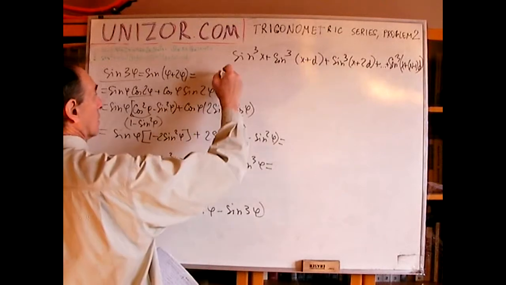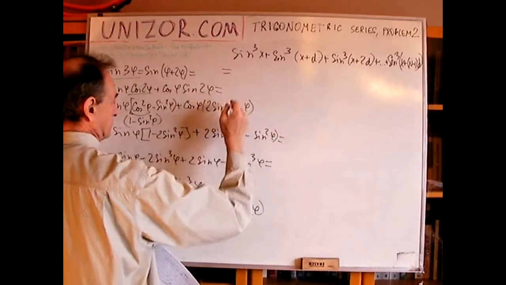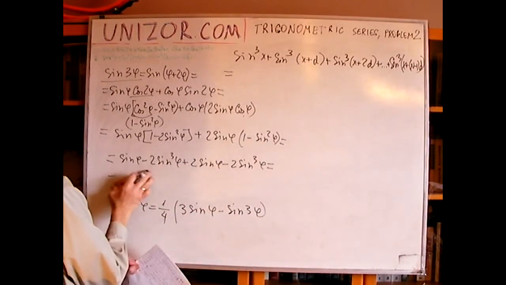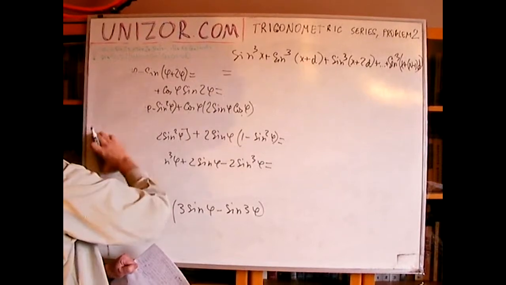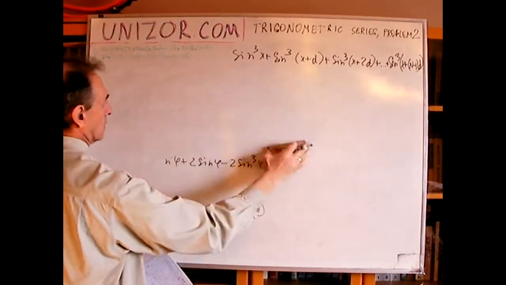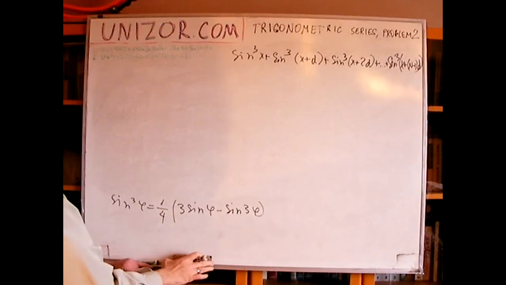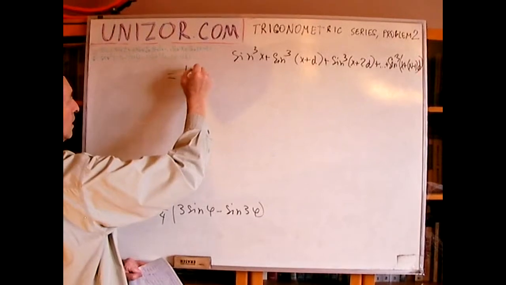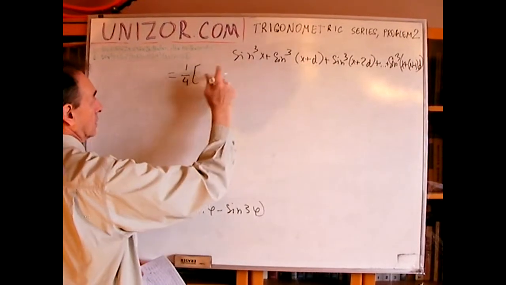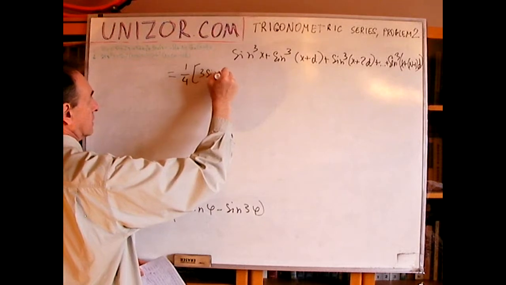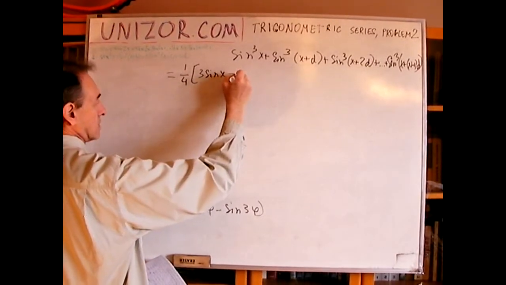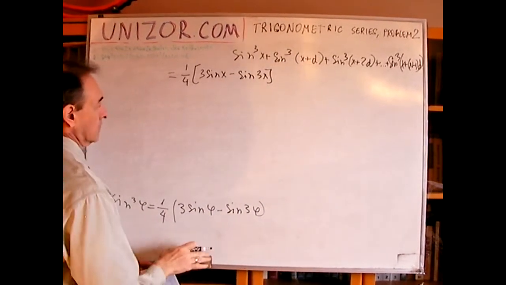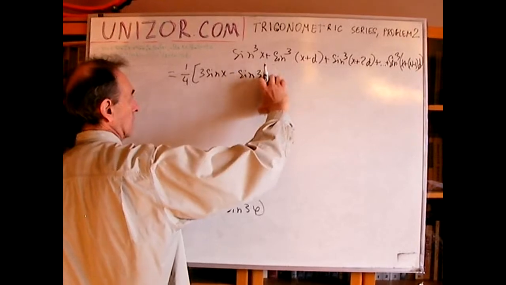So, this sum is equal to, I don't really need anything here. That is already done. So that's my formula for sine cube. So equals to 1/4 of 3 sine x minus sine of 3x. Actually, I don't need to close this.